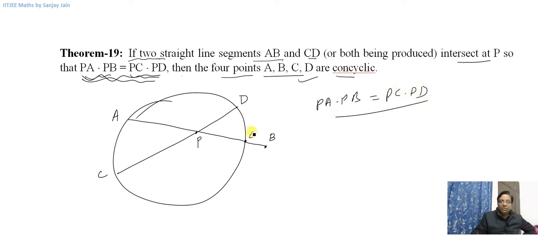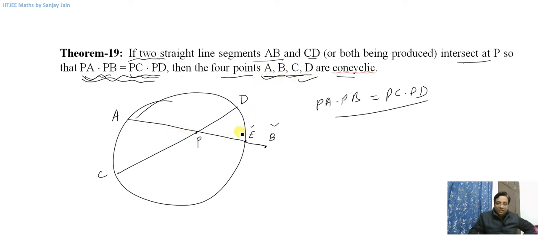But we have assumed that the circle passes through A, D and C but not through B, but it passes through some other point E, right? This is our assumption. So we will prove this assumption wrong. Hence we will say that A, B, C and D lie on the same circle.